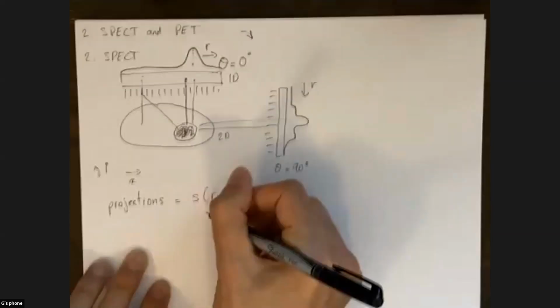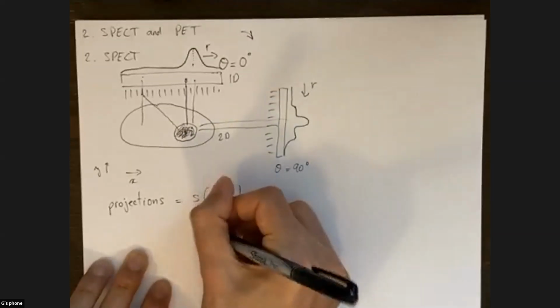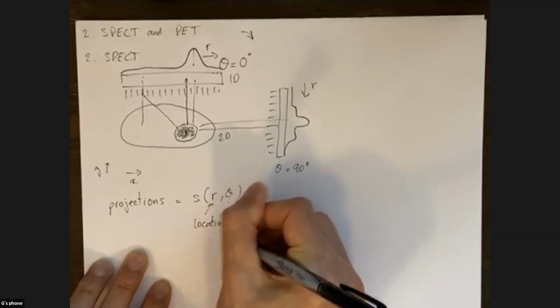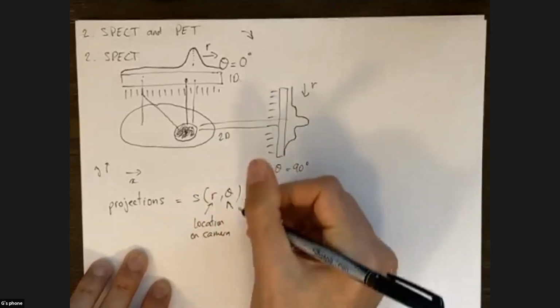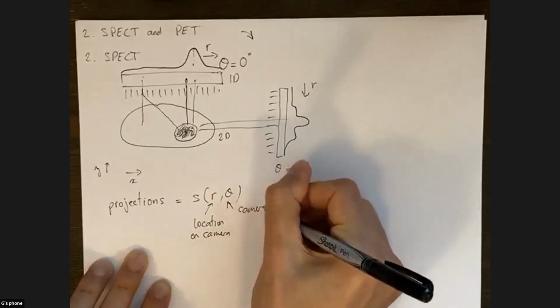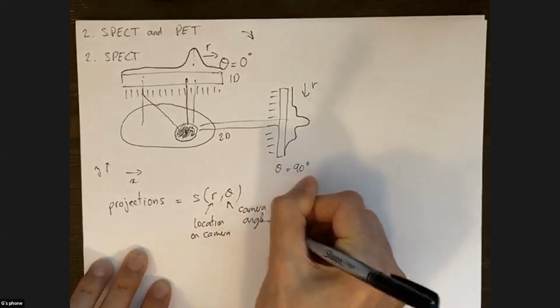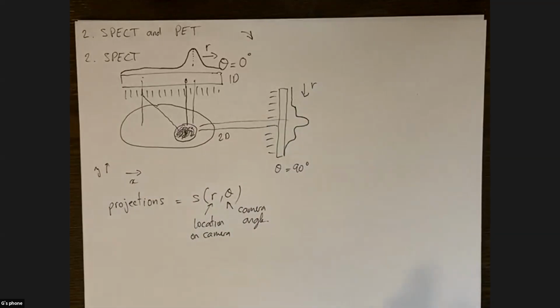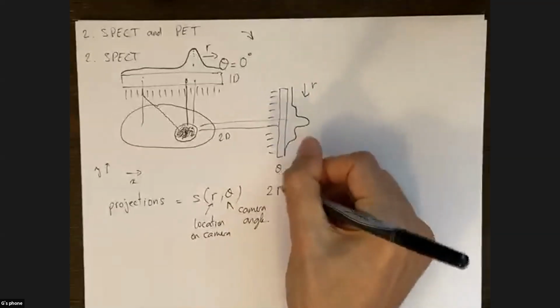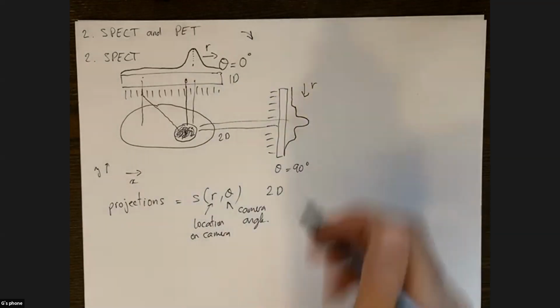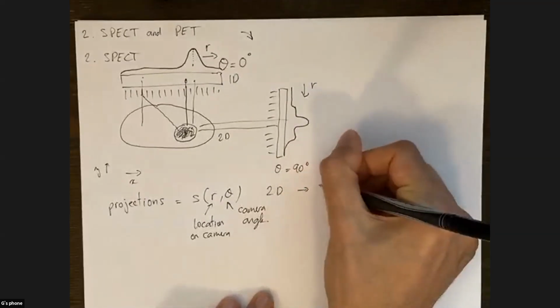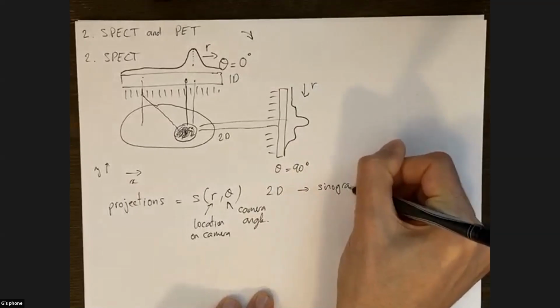R is the location on the camera, and theta is the camera angle. So now we have two-dimensional information. This is a two-dimensional data structure, and this 2D structure is going to be called the sinogram.